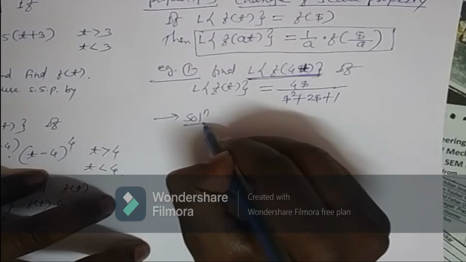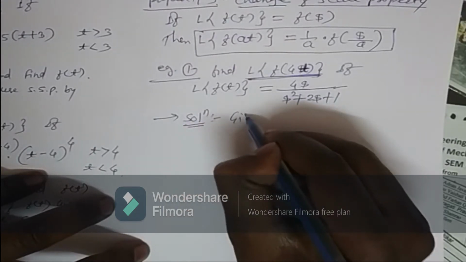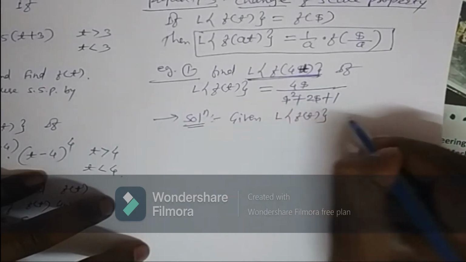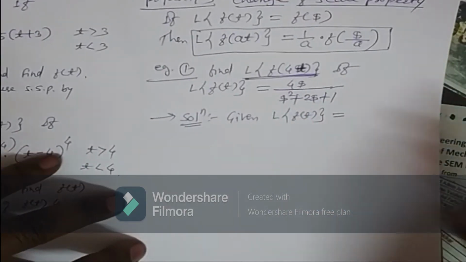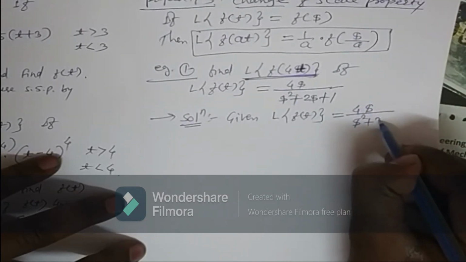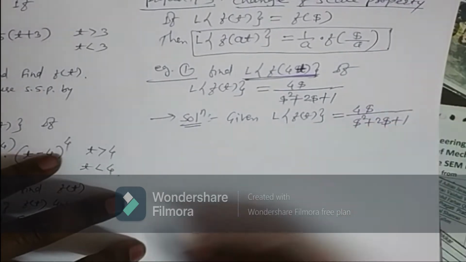Solution. Given: the Laplace transform of f(t) is 4s upon s square plus 2s plus 1, isn't it?